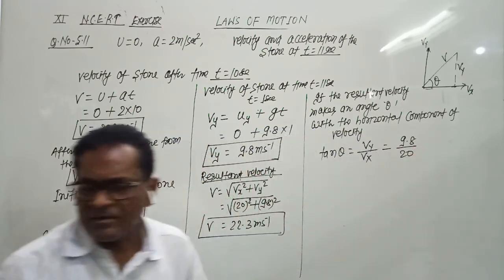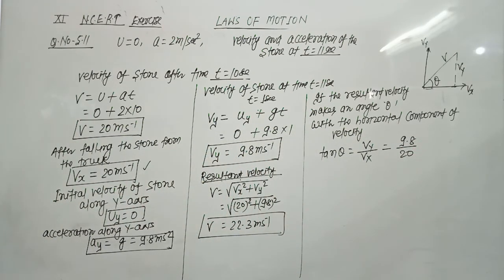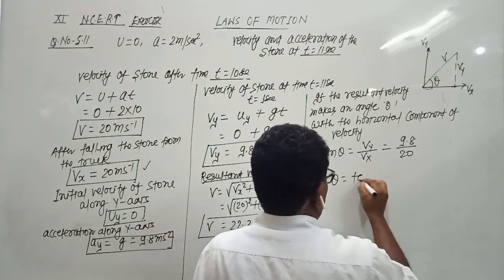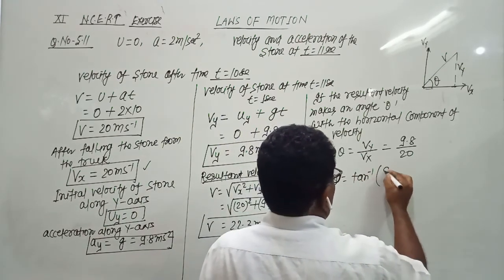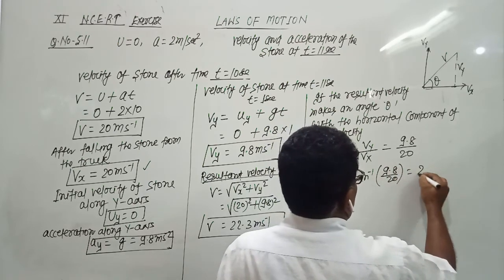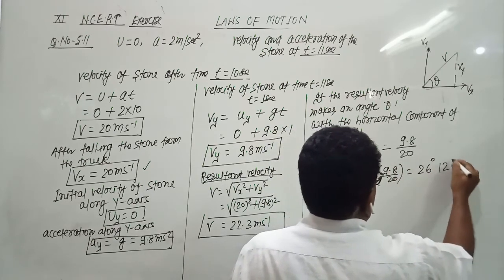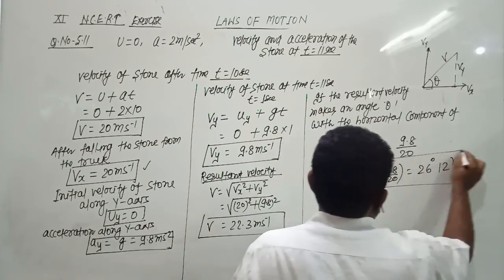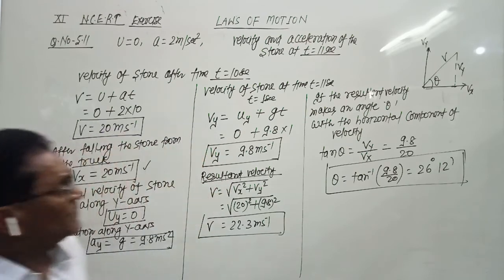So tan theta equals 9.8 upon 20, and theta equals tan inverse of 9.8 upon 20, which is 26 degrees 12 minutes. This is the angle which the resultant makes with the horizontal.